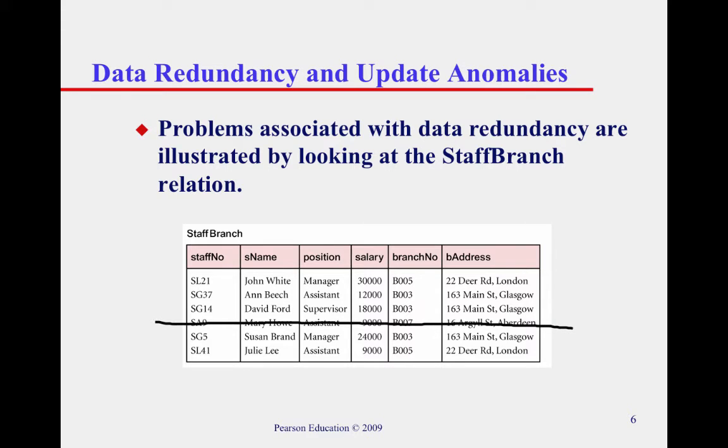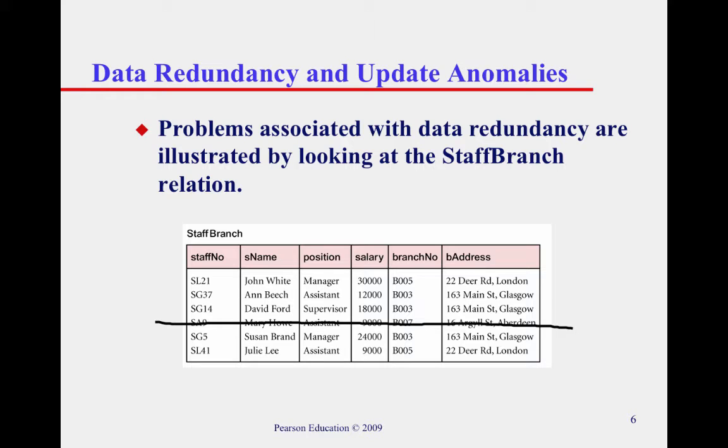Okay, what happens to the information for branch B007? It's gone. So this is called a deletion anomaly because in the process of deleting a staff member, we inadvertently deleted information about the branch as well.